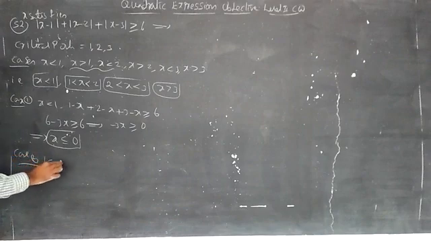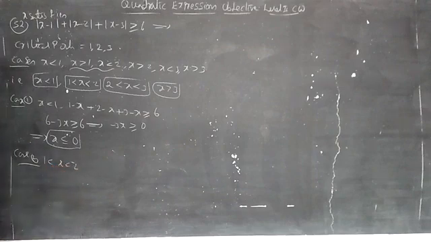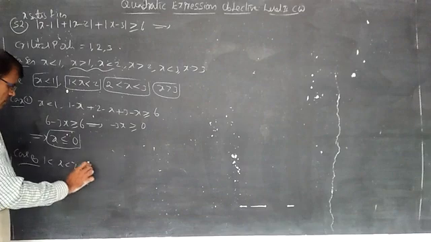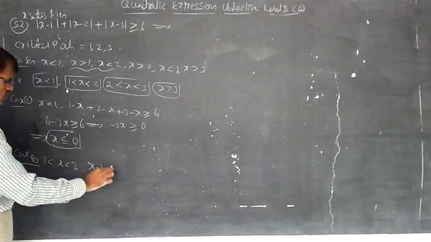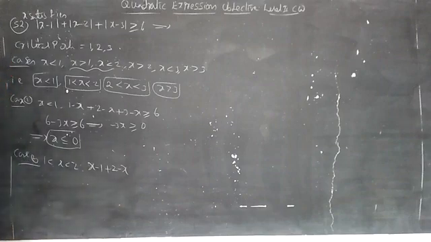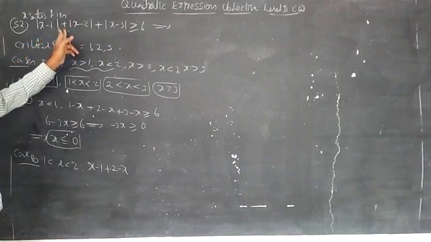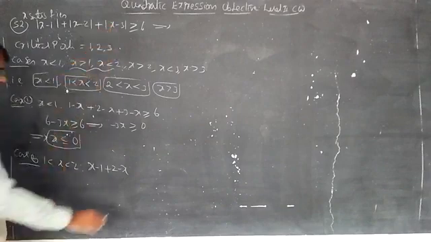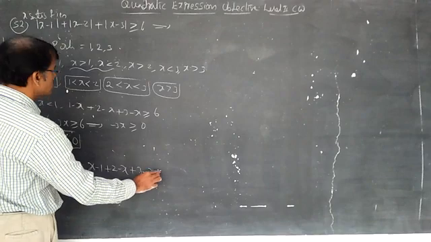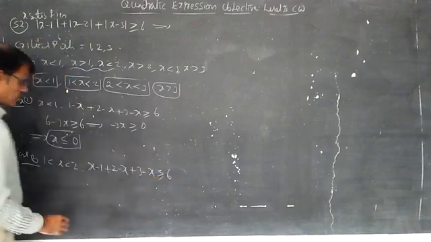Case 2: 1 less than x less than 2. Between 1 and 2, the first one, modulus x minus 1, becomes positive, so simply leave the x. The second becomes 2 minus x, because at 1.5, 1.5 minus 2 is negative, and 1.5 minus 3 is also negative. So x minus 1 plus 2 minus x plus 3 minus x greater than or equal to 6.